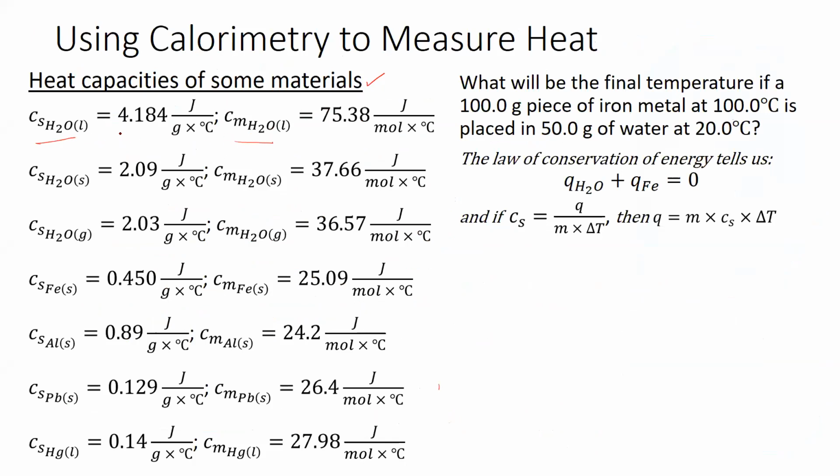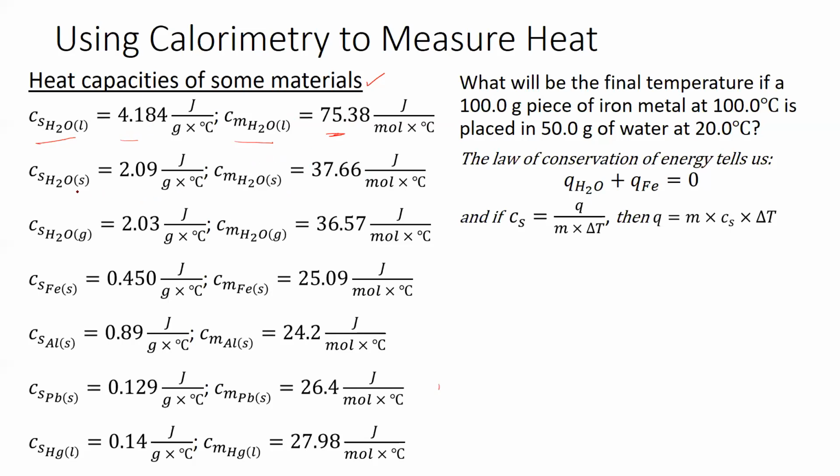Really, if you just multiply the specific heat capacity by the molar mass, in grams per mole, you get the molar heat capacity there. Water has 18 grams per mole. So if you multiply 4.184 by 18, you should get this value of 75.